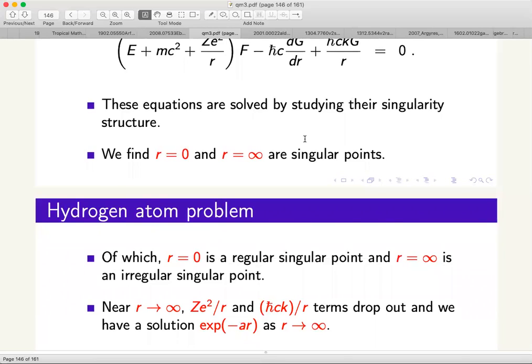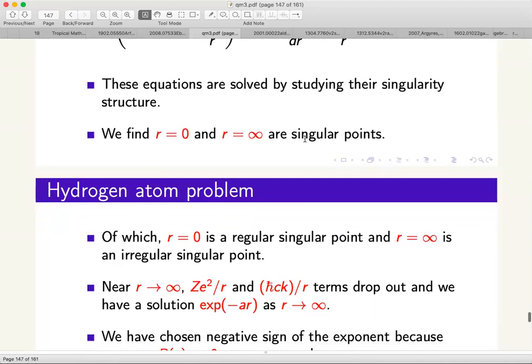Now, by essential singularity, I mean the following: if you take the independent variable, in this particular case r, to infinity, then not only does the function go to zero or diverge, depending upon what happens, but any arbitrary derivative of that function would also either go to zero or diverge.